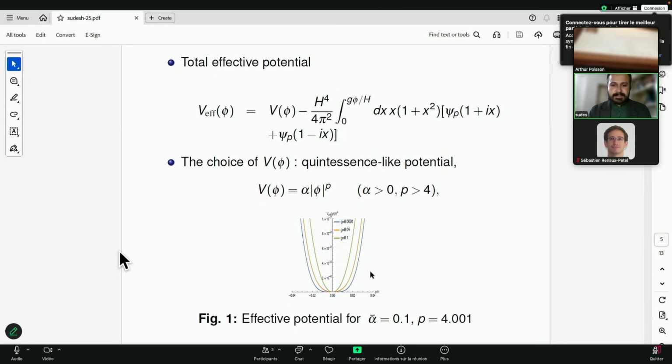Here is a plot of this effective potential with the scalar potential alpha phi to the absolute value of phi to the p, where p is more than 4 and alpha is more than 0. This is the effective potential for various g values.